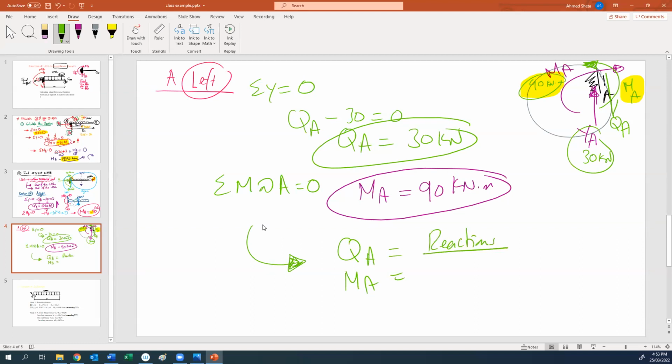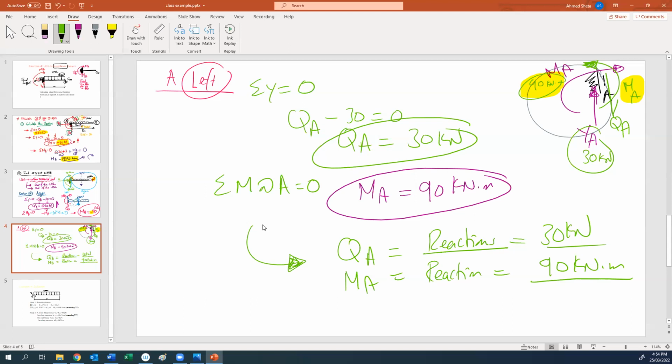So the shear at A will be the reaction, which is 30 kilonewton, and the moment will be the moment reaction, which is 90 kilonewton meter. This is because we are near the support or at the support, so the straining actions will be equal to the reactions. Okay.